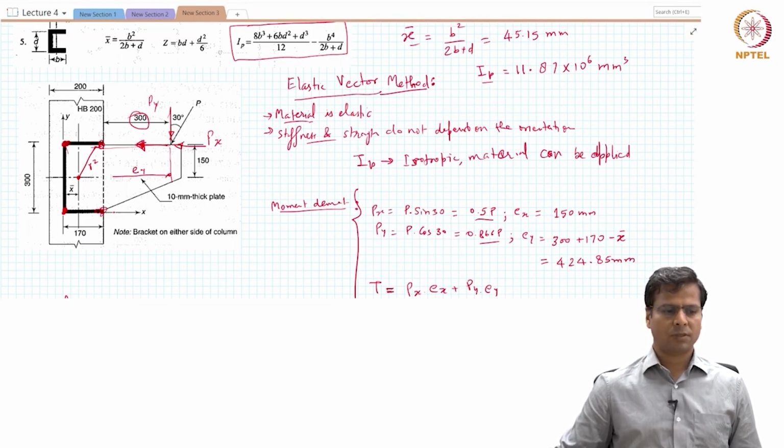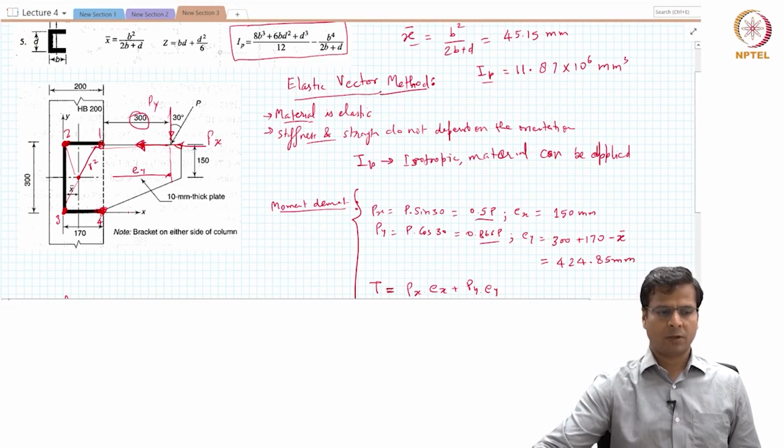Now among these four corners, let me call it corner 1, 2, 3 and 4, corner 4 and corner 1 are the farthest. So they should be giving the highest force demand because of the moment. Corner 1 and corner 2 and 3 will give you a slightly smaller force demand because of the moment.